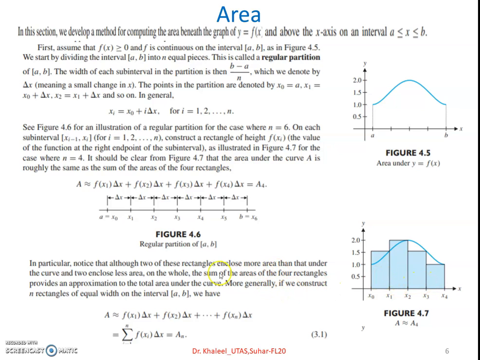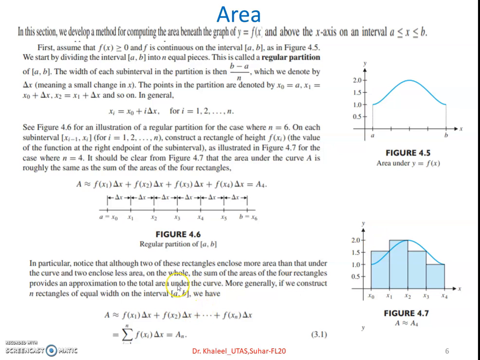What we see here is that 2 of these rectangles, this and this rectangle, enclose more area than that under the curve, and 2 enclose less area. You see these 2 are covering more and these 2 are covering less.